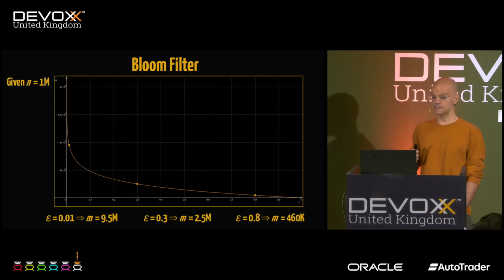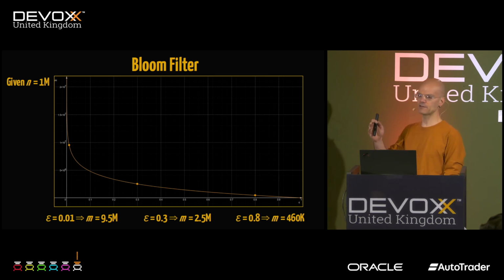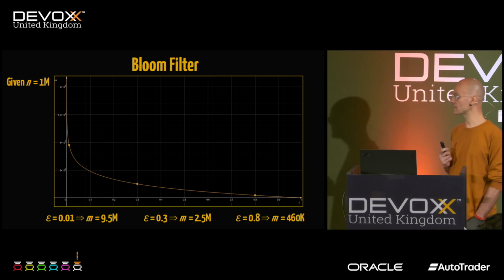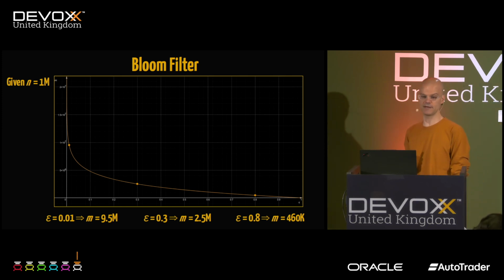In this graph, on the y-axis, we have the number of bits of the bit array, and on the x-axis, we have the false positive rate, epsilon.